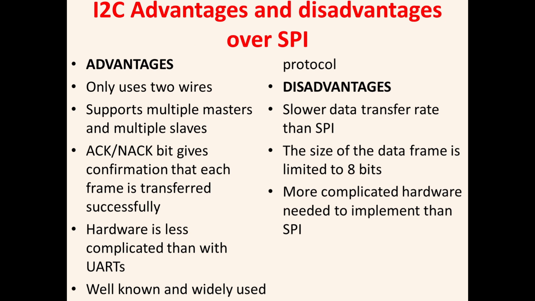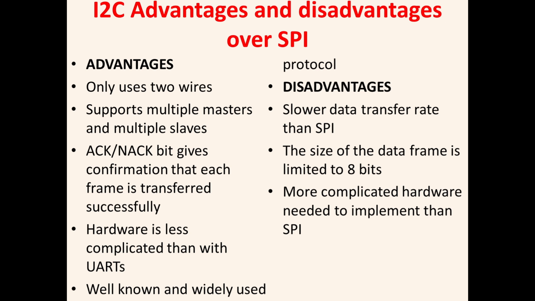Now let's take the I2C advantages and disadvantages over SPI. The very first advantage is that there is only 2-wire communication, over only two lines, SDA and S clock, whereas SPI utilizes 4-wire communication.